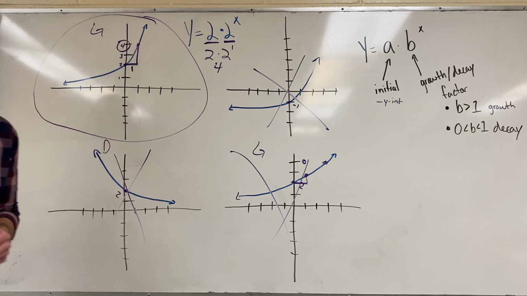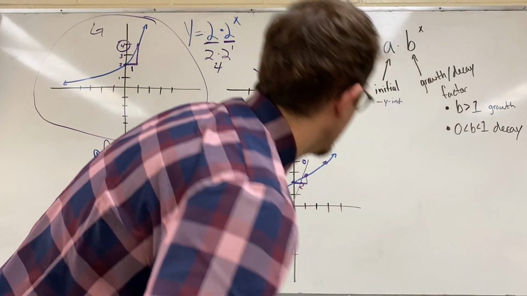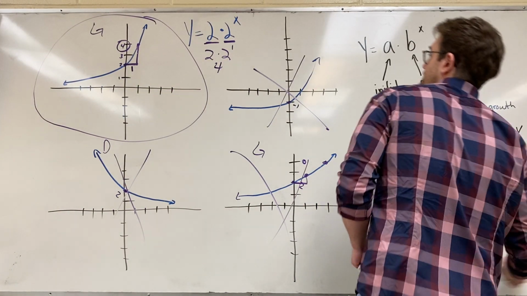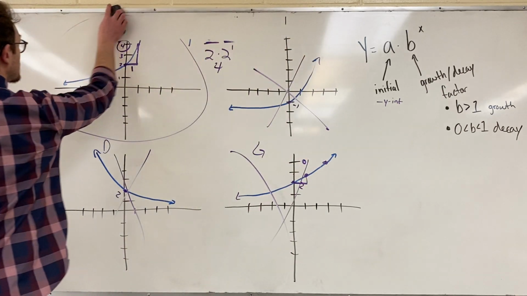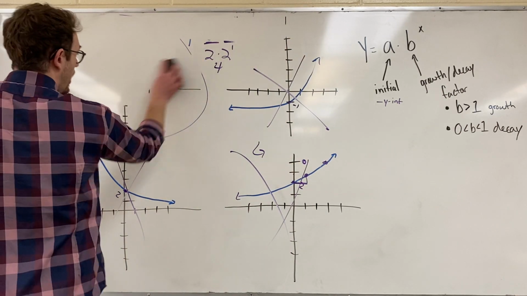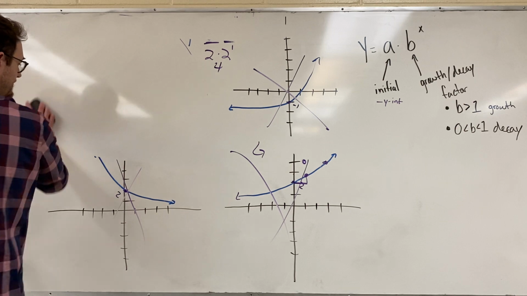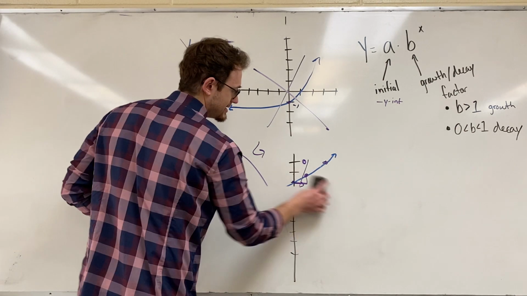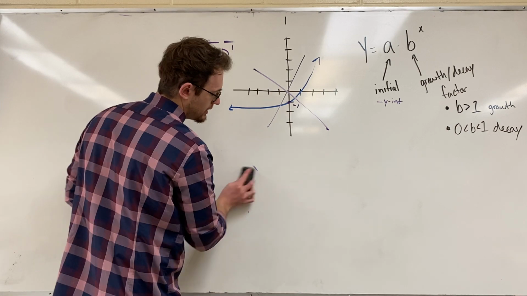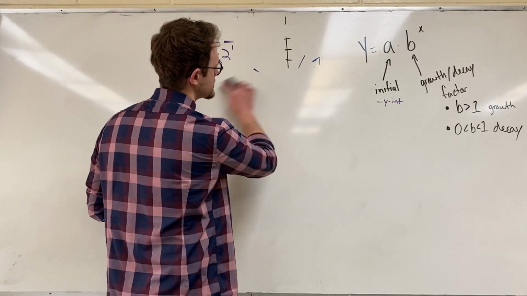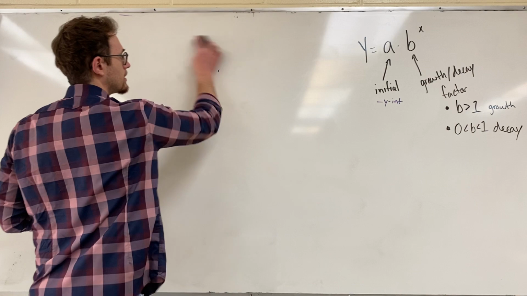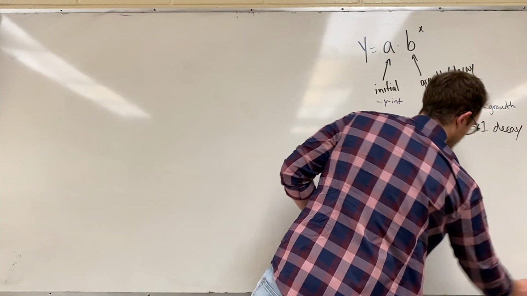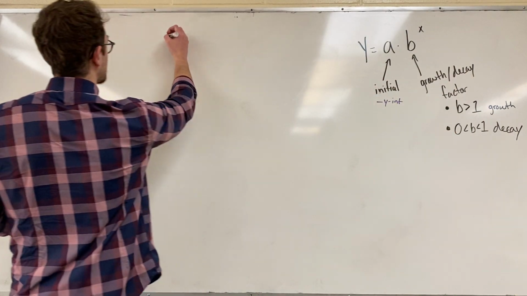Now I'm going to draw a big graph. The opposite of this is being given the graph and needing to identify or write the equation based off of the graph. So let's draw big.